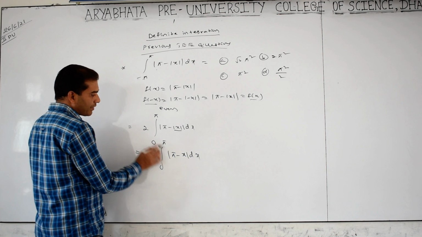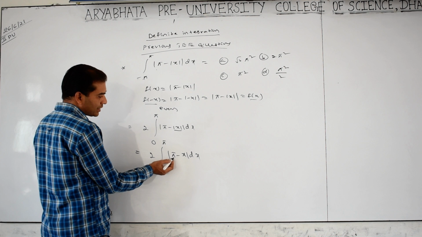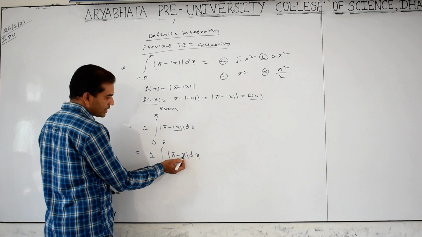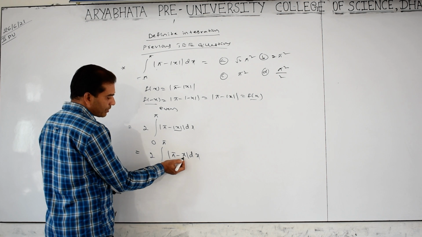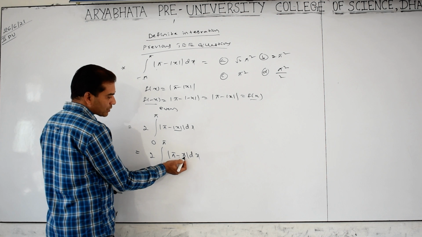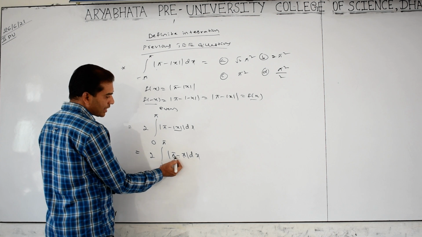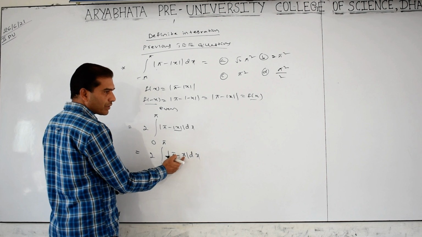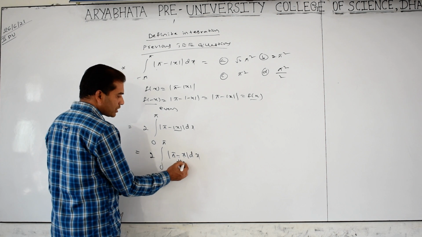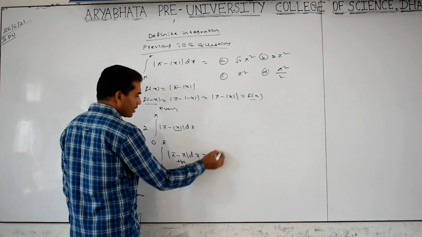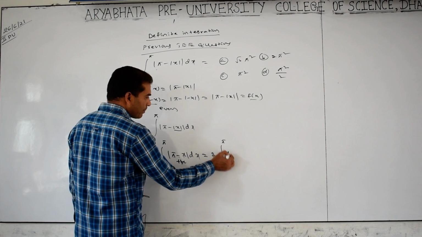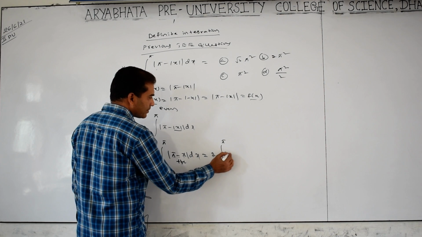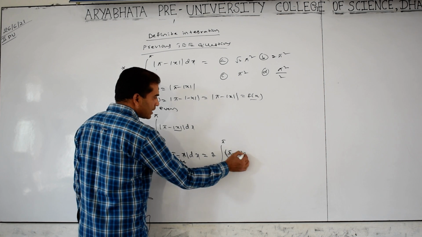In this interval, x is below pi, so pi minus x is positive. Take one value, 1: pi minus 1 is positive. So it becomes 0 to pi of pi minus x dx.